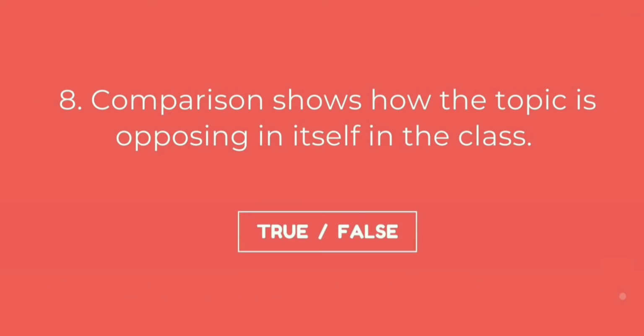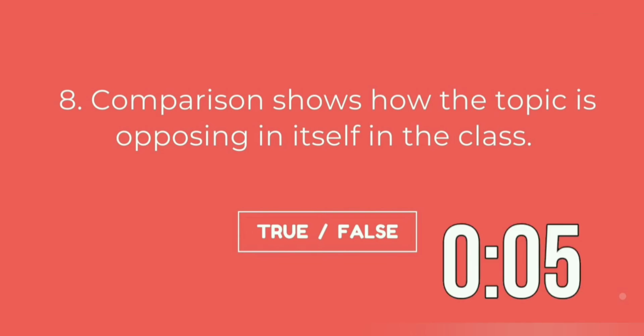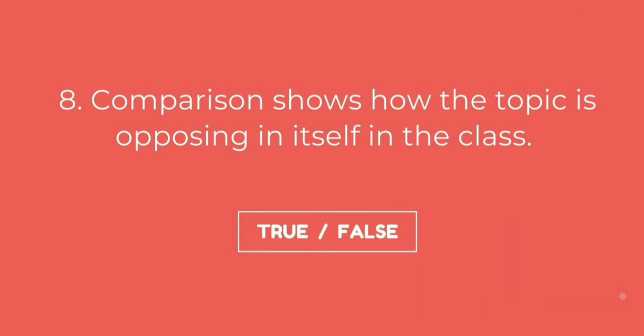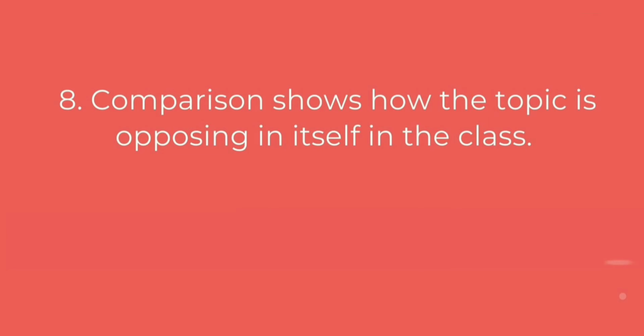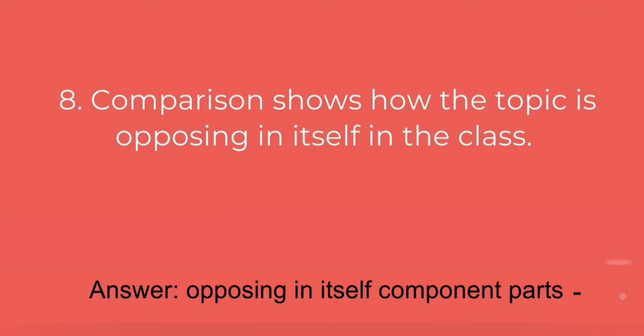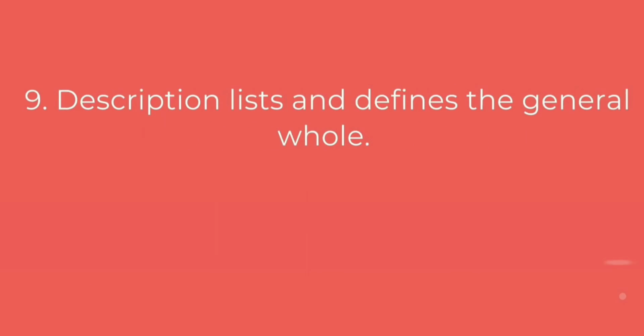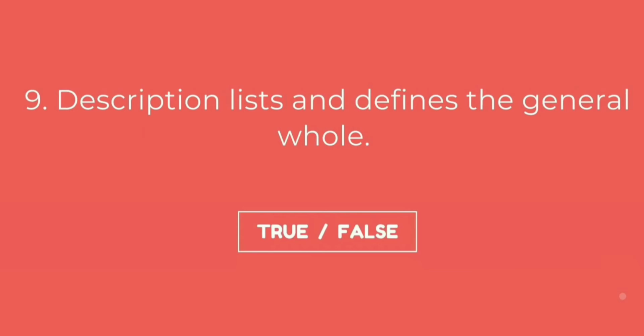Number 8. Comparison shows how the topic is opposing in itself in the class. Your time starts now. The answer is opposing in itself component parts. Number 9. Description lists and defines the general whole. Your time starts now.